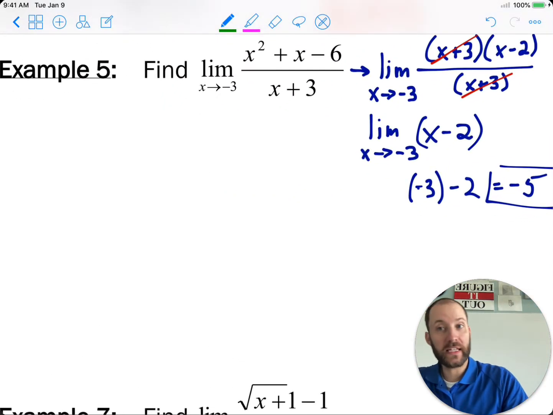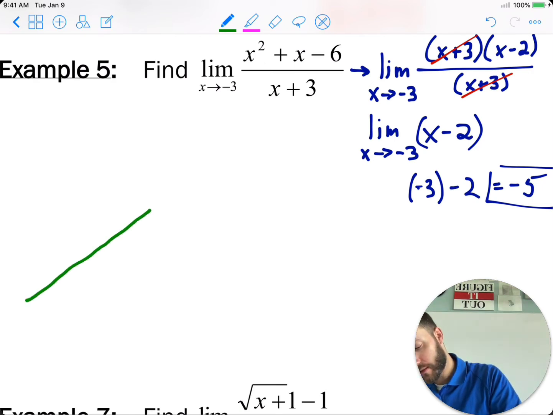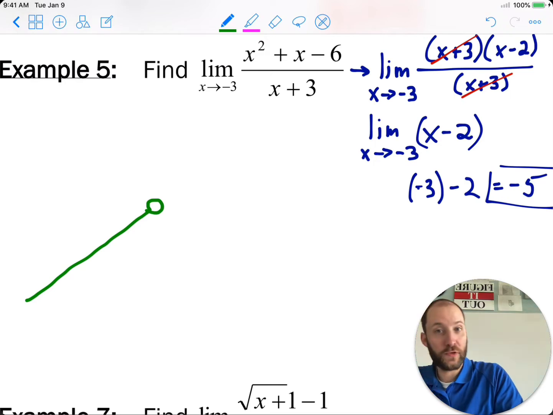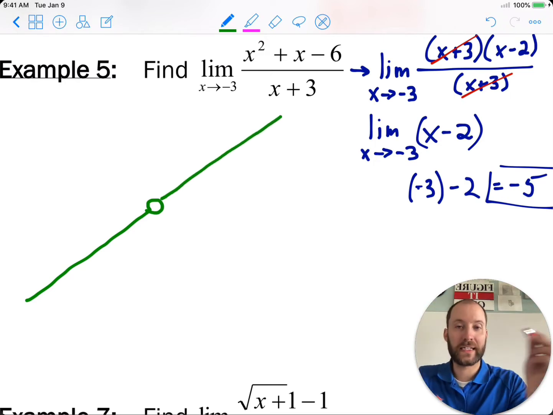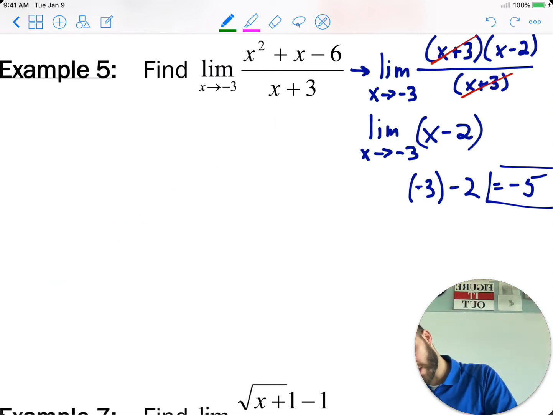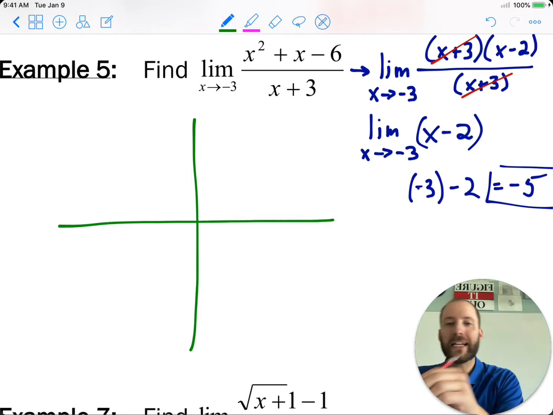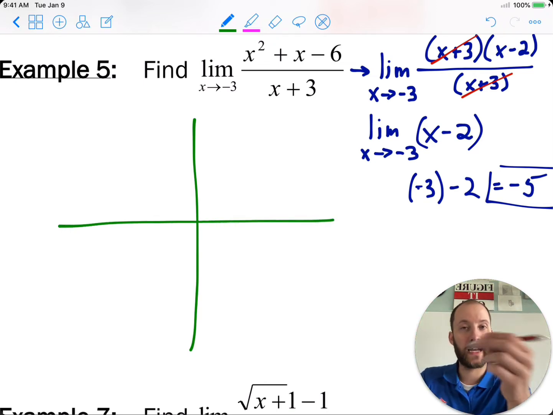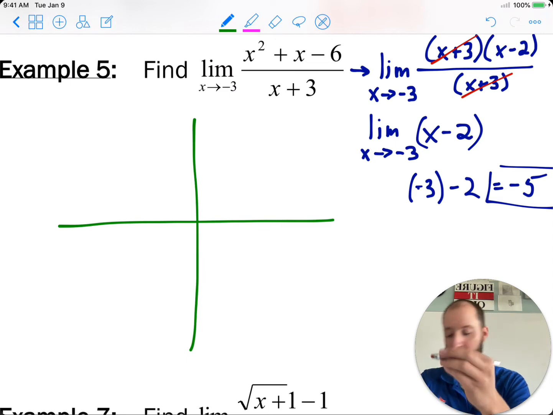It kind of looks like this, okay? It exists, there's -3, it exists again. You know what? Let me do a better graph. I just had an idea. x minus 2 is a line with slope of 1, y-intercept -2.